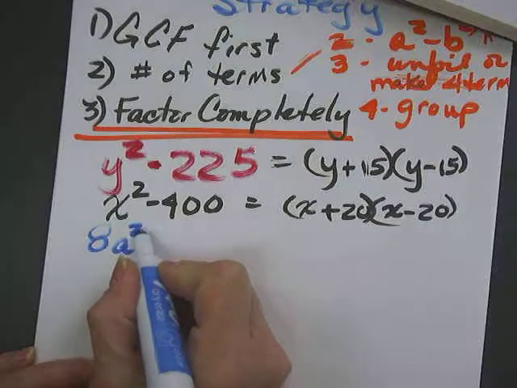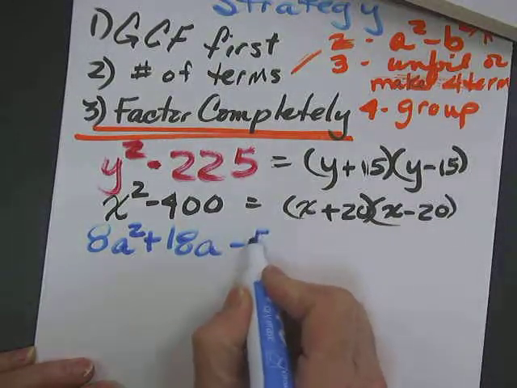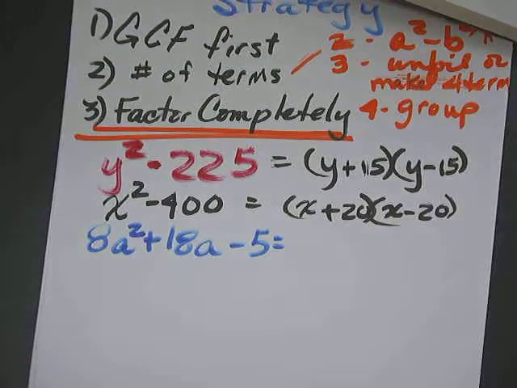Okay, let's do something else here. 8a squared plus 18a minus 5. Okay, does it have a common factor? No. Can we just plain FOIL it?